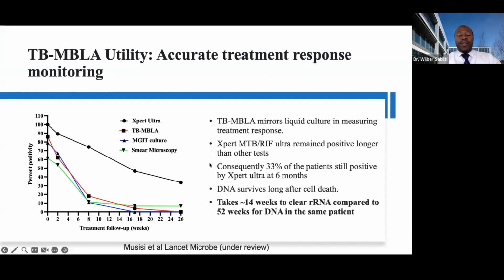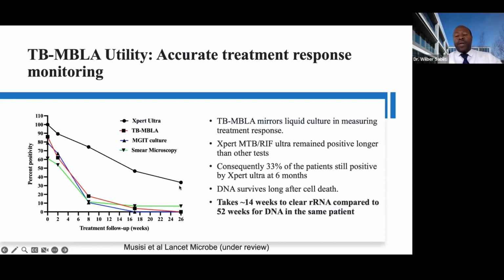And what we found is that TB-MBLA is consistent with culture in terms of monitoring treatment response, and the response is biphasic in nature, very rapid clearance in the early days, and then slow clearance later, after 2 months of treatment.